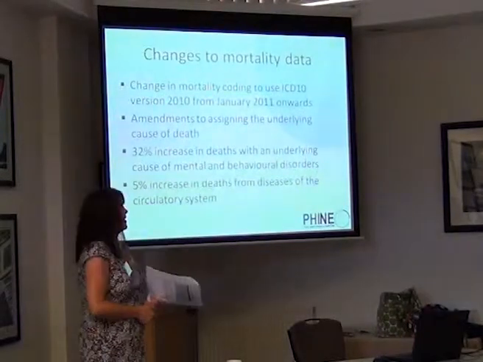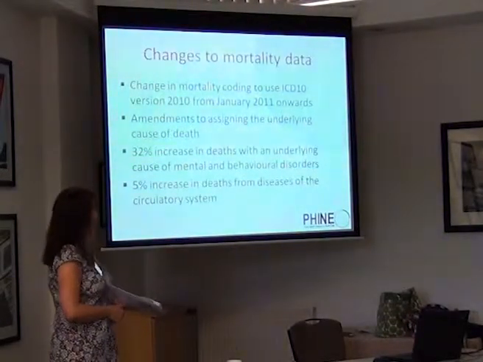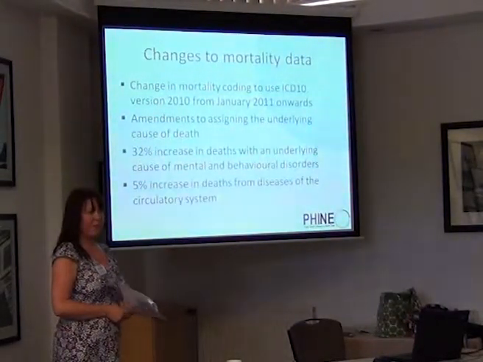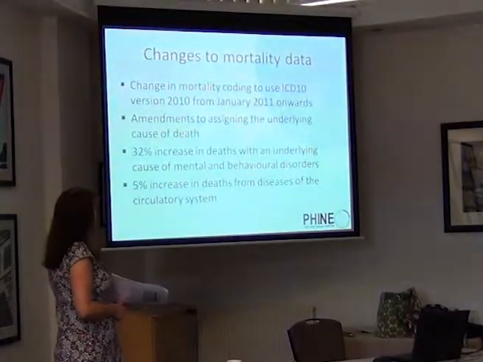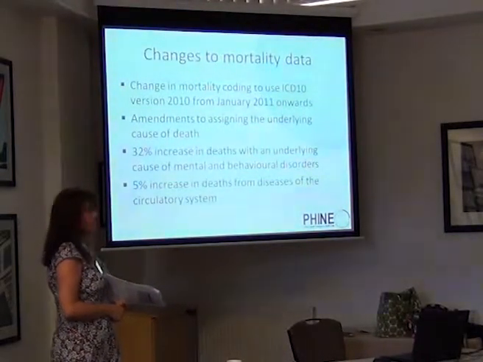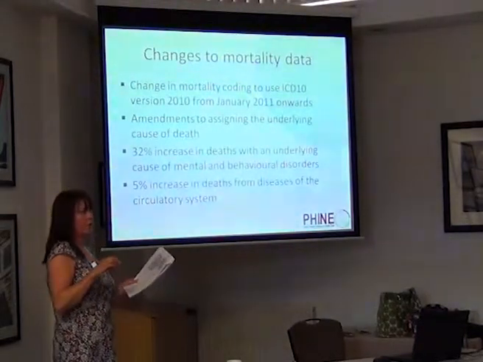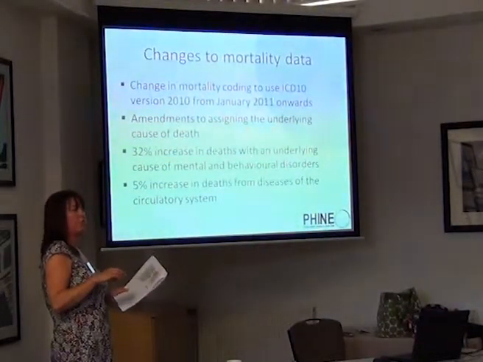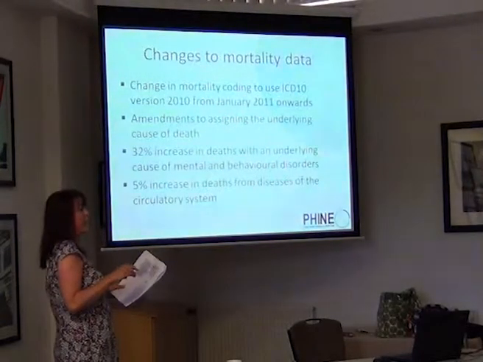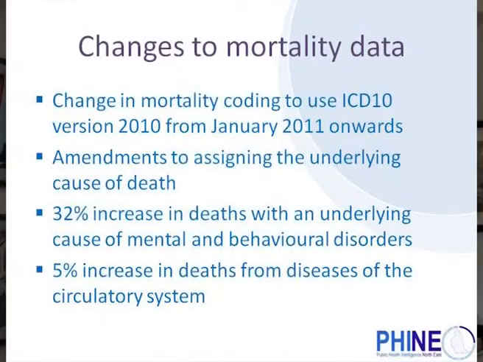Changes to mortality data. I think this is quite important, and I just happened across it. From January 2011, there's been a slight change in the coding that's used to allocate the underlying cause of death for people when they die.